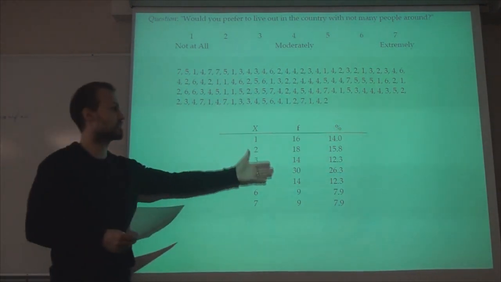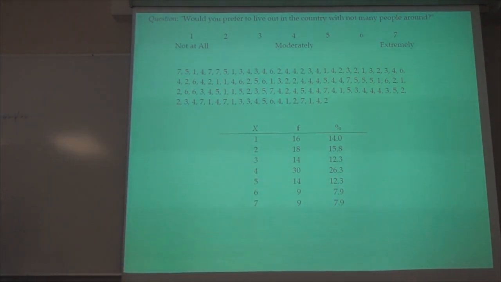I can immediately make better conclusions from it by saying, oh, most people, it seems, were sort of moderate or around moderate, 3, 4, and 5 level, where they don't really seem to care whether they live in the country or not. They don't have strong feelings either way.